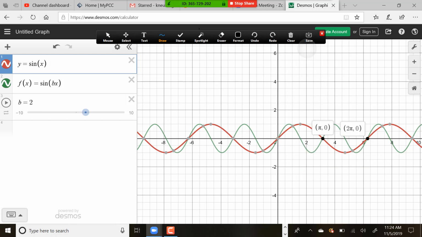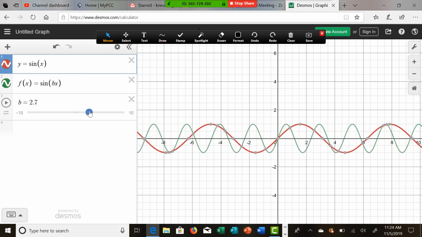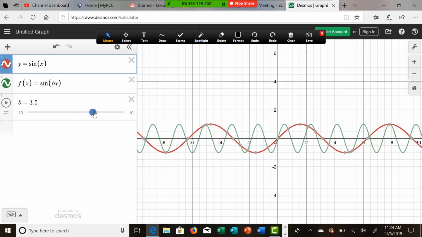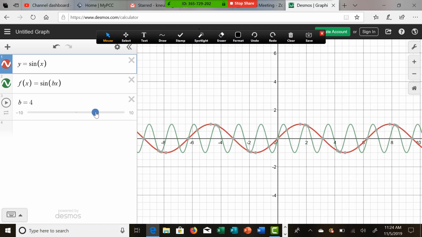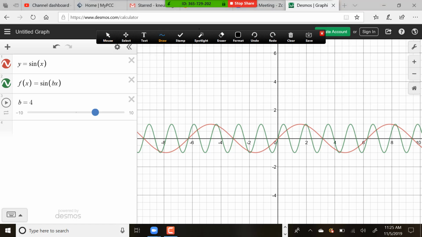Let me clear everything and change this b to 4. And let's see what happens. How many waves do we get in that one wave? We're going to go to 4. So now let's check it out. One wave on the red one stops here.